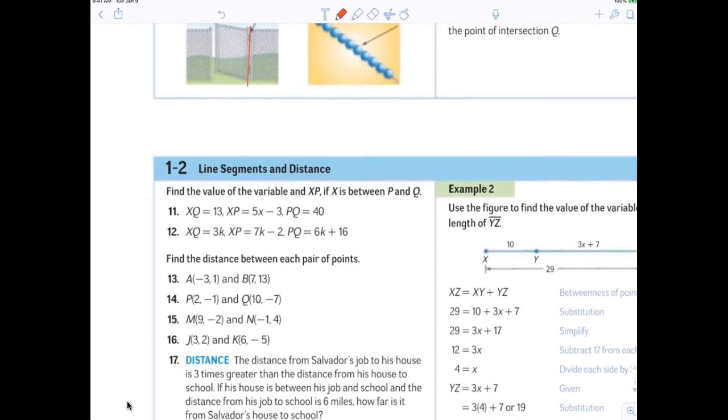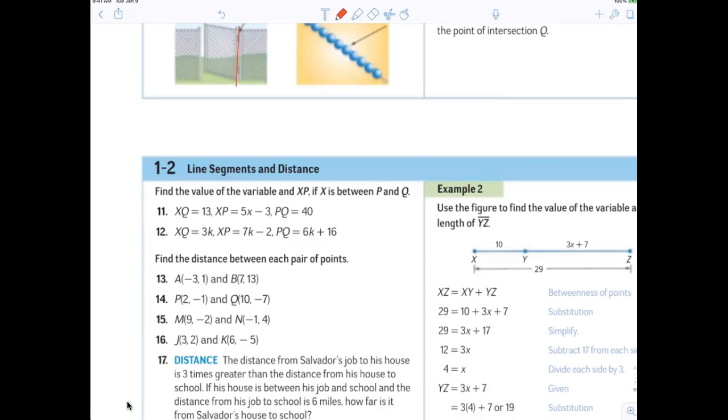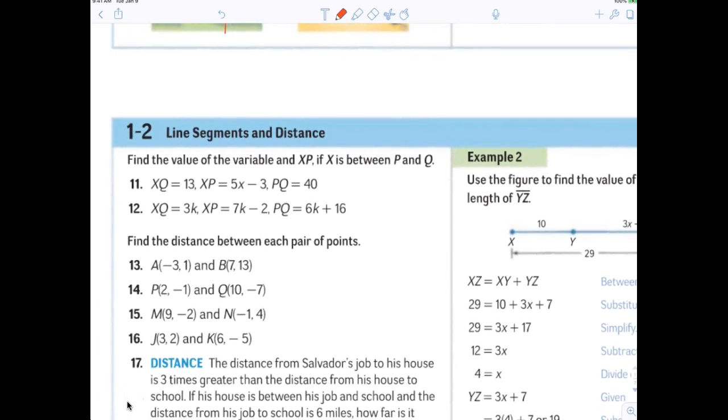Now for number 11. Find the value of the variable and XP.